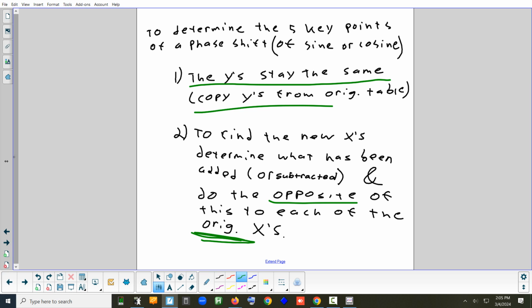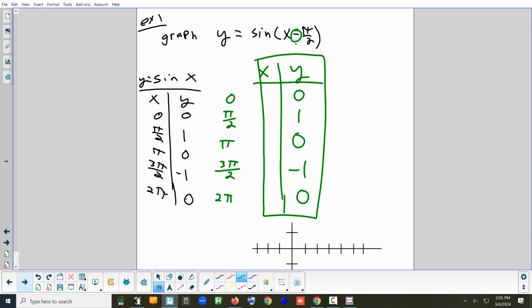Now it says determine what has been added or subtracted and do the opposite. So look at what we've either added or subtracted, and we're going to do the opposite to all of those. What do you think I'm going to do to all 5 of those x's? Add pi over 2 to everything. Yes.